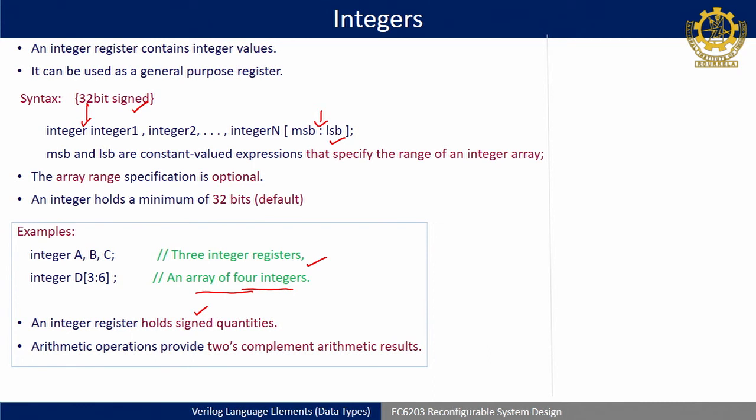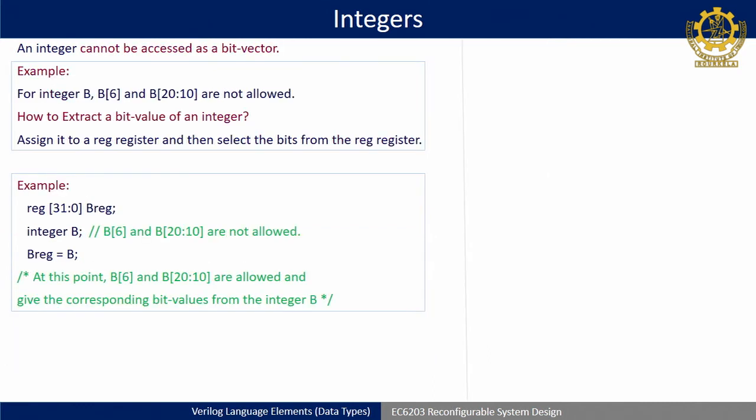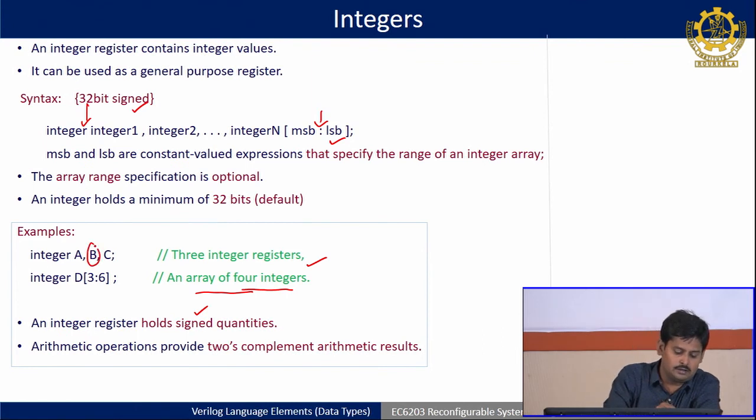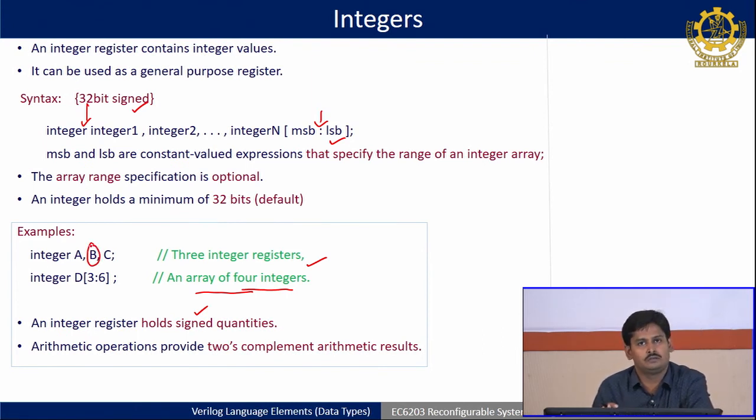Okay. Now, next is an integer cannot be accessed as a bit vector. Okay. So, what do we mean by this? Let us say we have declared b as one integer. I told b is now 32 bit by default.